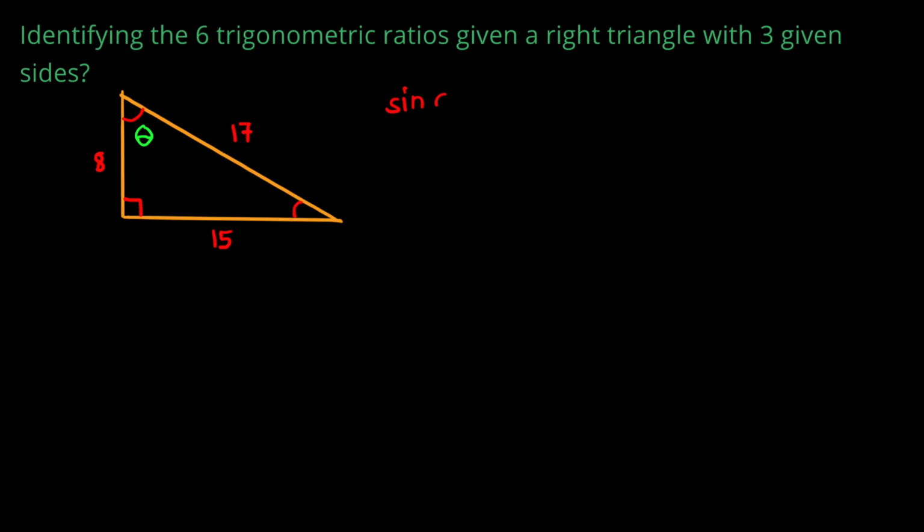So sine of angle theta, cosine of angle theta, and tangent of angle theta. So let's find the 3 basic first. So we have sine is opposite over hypotenuse, cosine adjacent over hypotenuse, and tangent opposite over adjacent. So based on this figure and with respect to angle theta, sine is opposite, that will be 15, and hypotenuse is 17.